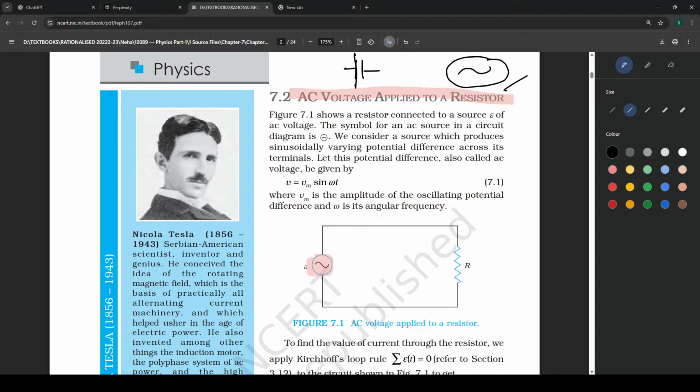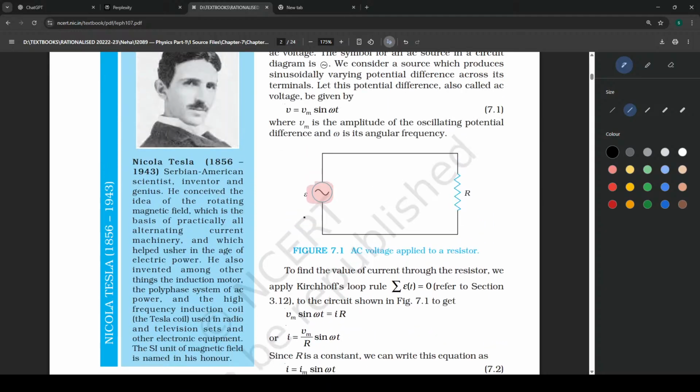This is the symbol for the AC supply, which is basically acting as a current source. And if we connect this to only a resistor, first is a pure resistive circuit, and if we apply this AC voltage to a pure resistor, what are the differences when compared to a direct circuit, and what is the efficiency and all we will see here.